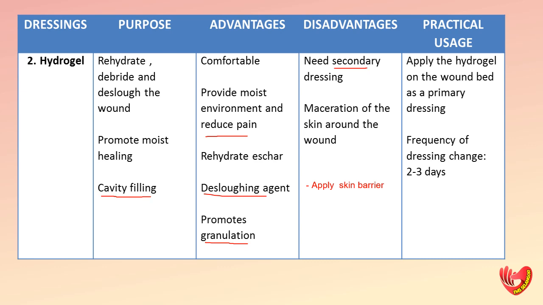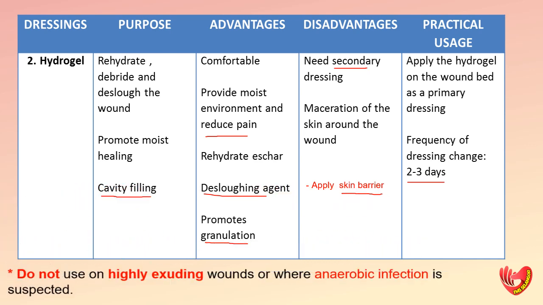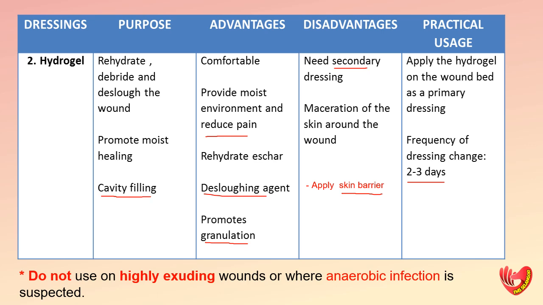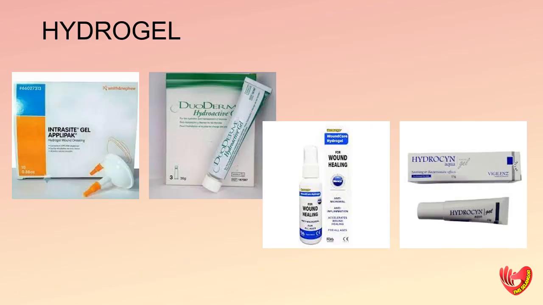To reduce the maceration of the peri-wound, we can apply skin barrier. The frequency of dressing change is 2 to 3 days. Note that it should not be used on highly exudating wounds or where anaerobic infection is suspected. These are the examples of hydrogel that can be found in the market.